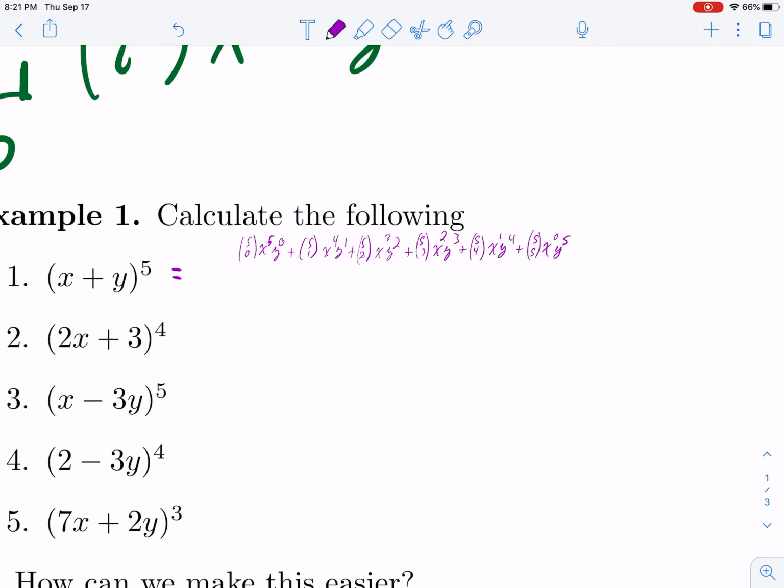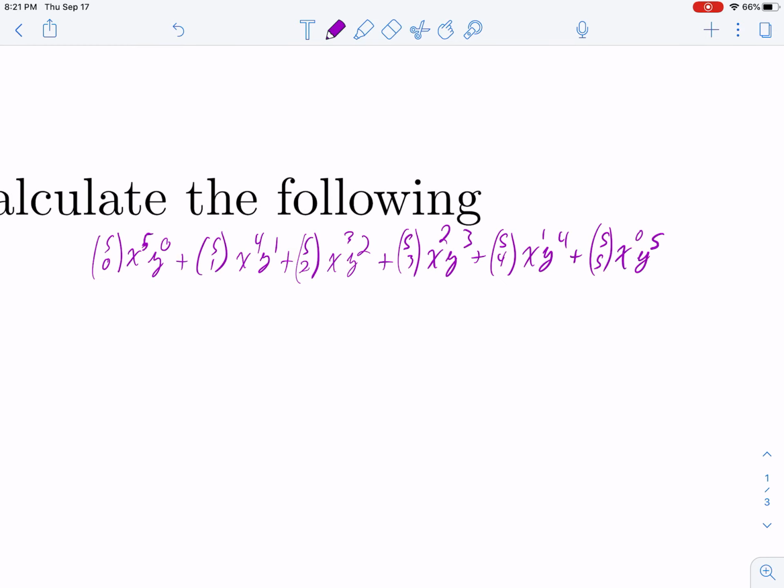And I'm going to make this just a bit smaller because we're going to simplify, which is then equal to, zoom in even more, 5 choose 0 is 1. So this is 1 times x to the 5th times 1. So this is x to the 5th plus 5 x to the 4th y plus 10 x cubed y squared plus 10 x squared y cubed plus 5 x y to the fourth plus 1 y to the fifth.